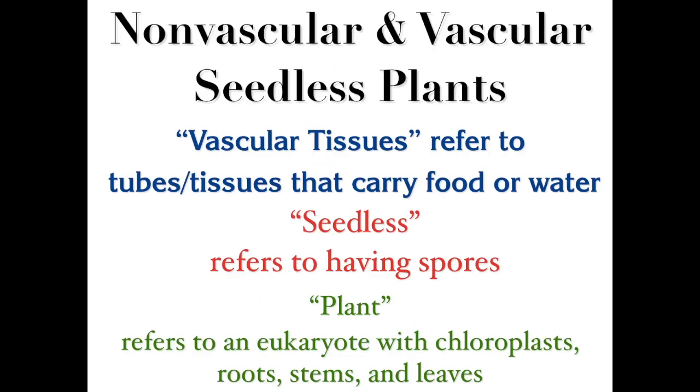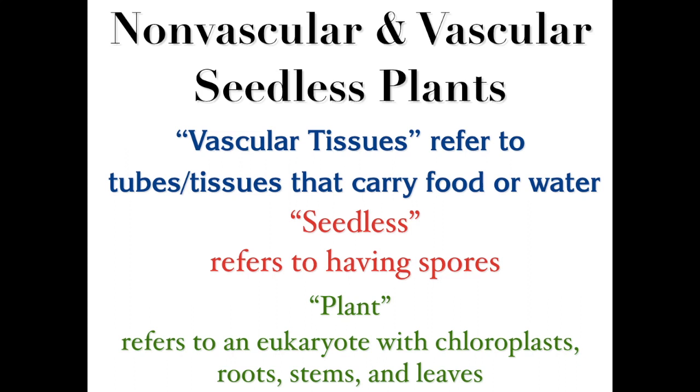Here we have the classification of non-vascular and vascular seedless plants. So we're going to start with seedless plants, and these plants, as I just said, have spores. Vascular seedless plants have tissues, and these tissues carry food and water up to the leaves or to the fronds of ferns.